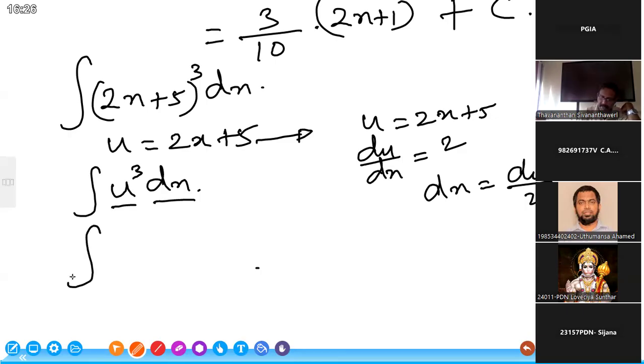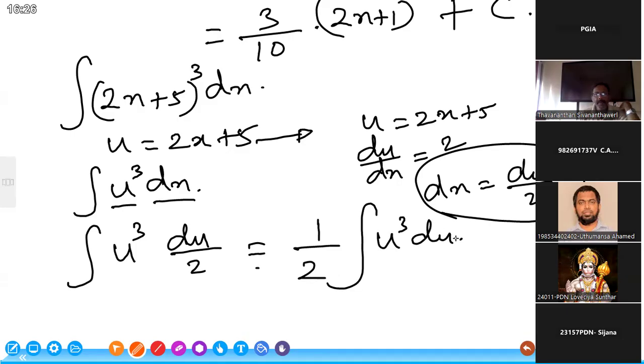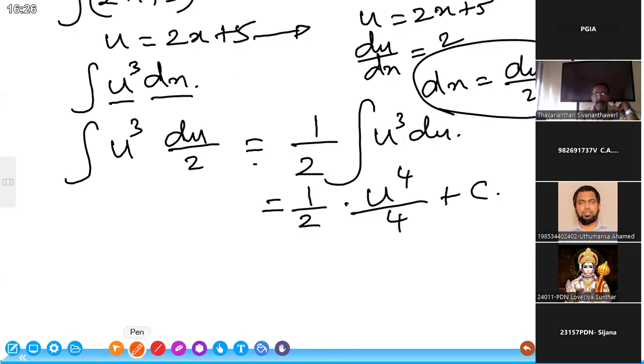So integration of u to the power 3, instead of dx, we can say du by 2, right? So take the constant out of the integral sign. So we could say half into integration of u to the power 3 du. So we are going to integrate with respect to u. So that is equal half into u to the power 4 divided by 4 plus c. Right?